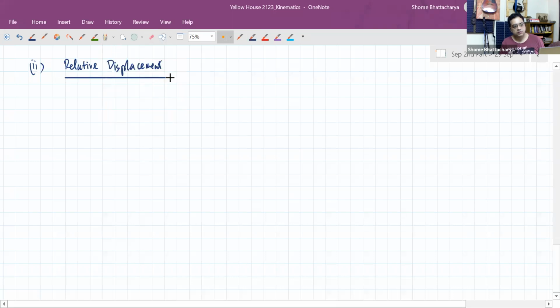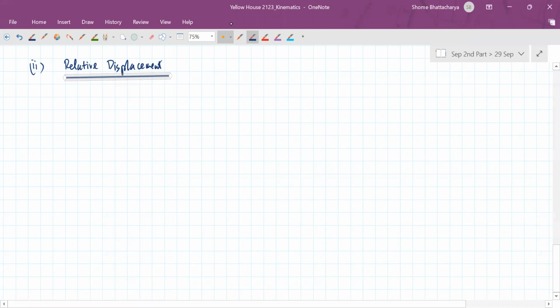Earlier in kinematics, we defined displacement as the change in position. It's the vector difference of final position with respect to initial position.